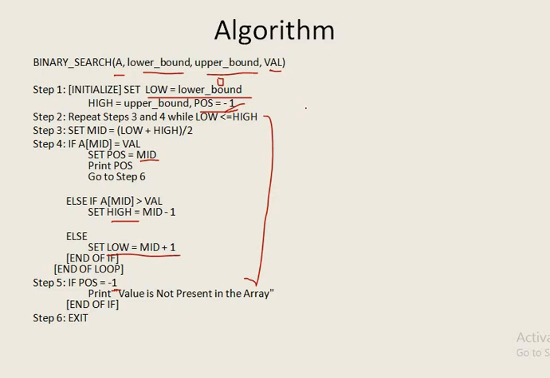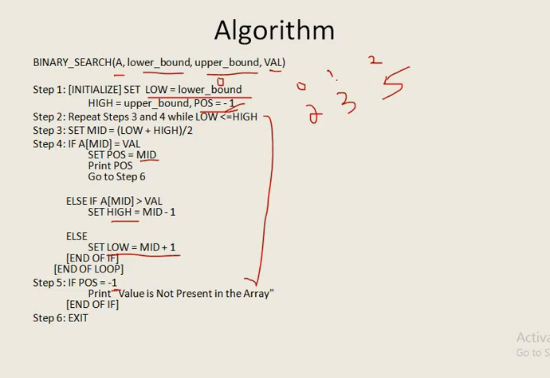If you want to understand this more clearly, you can take an example here. Let the array be 2, 3, 5. We'll take a smaller array. Now, we have to find the middle position. The indices of this array will be 0, 1 and 2. So initially low will be 0 and high will be 2. So we have to find the middle value.